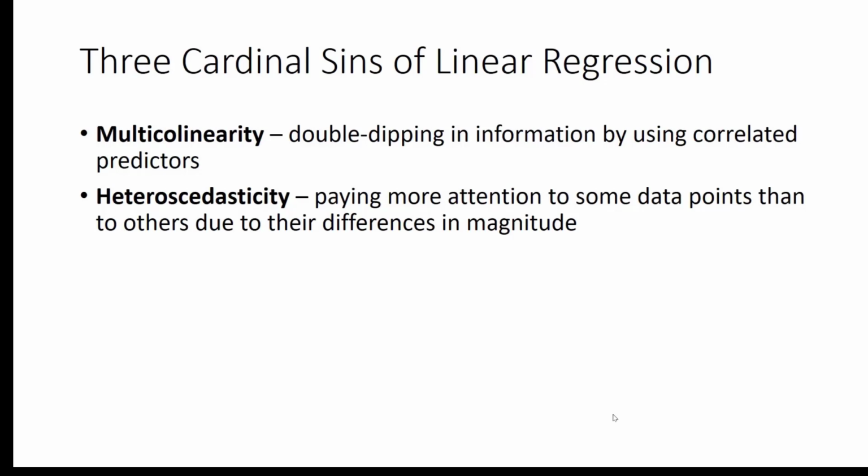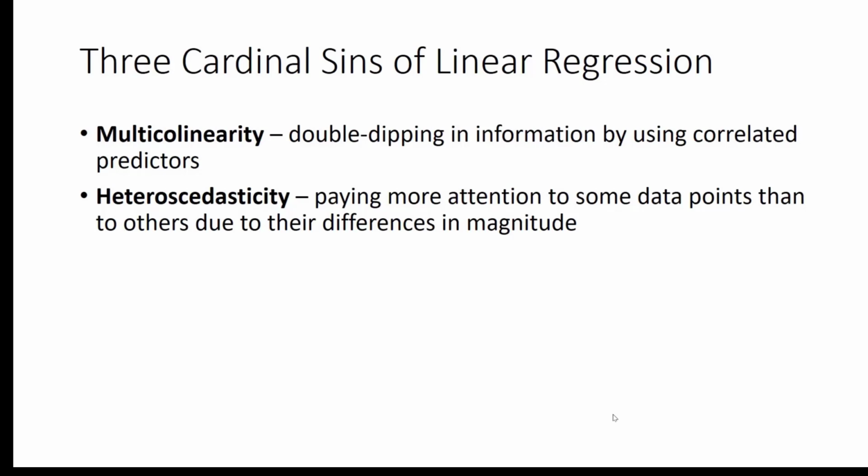It's easy to understand why heteroscedasticity would be a problem. Because as we saw earlier, we estimate the regression coefficients by looking at the sum of squared errors. So the squared errors grow with the square of the magnitude of the errors. So if you have a few outliers with extremely large errors, the regression is going to pay more attention to those extremely large observations, and much less attention to the extremely small observations.